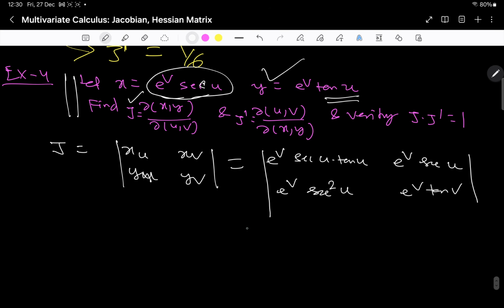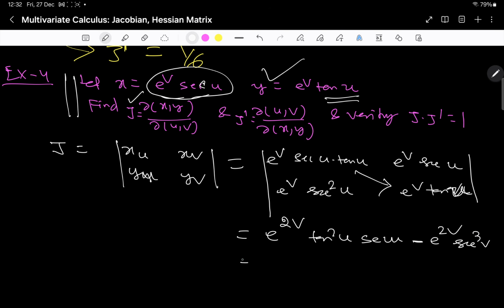If you multiply and simplify, the multiplication gives e to the power 2v tan square u sec u minus e to the power 2v sec cube u. Taking e to the power 2v and sec u common, it will be tan square u minus sec square u.